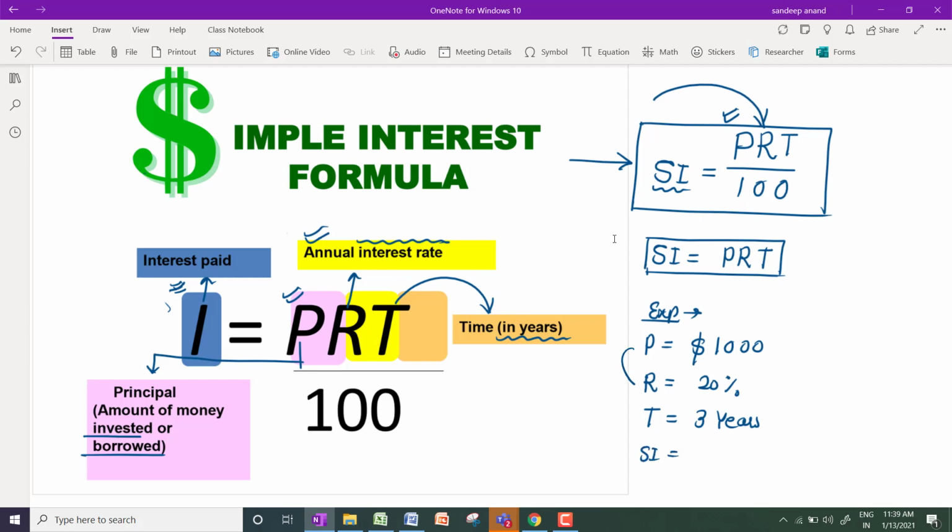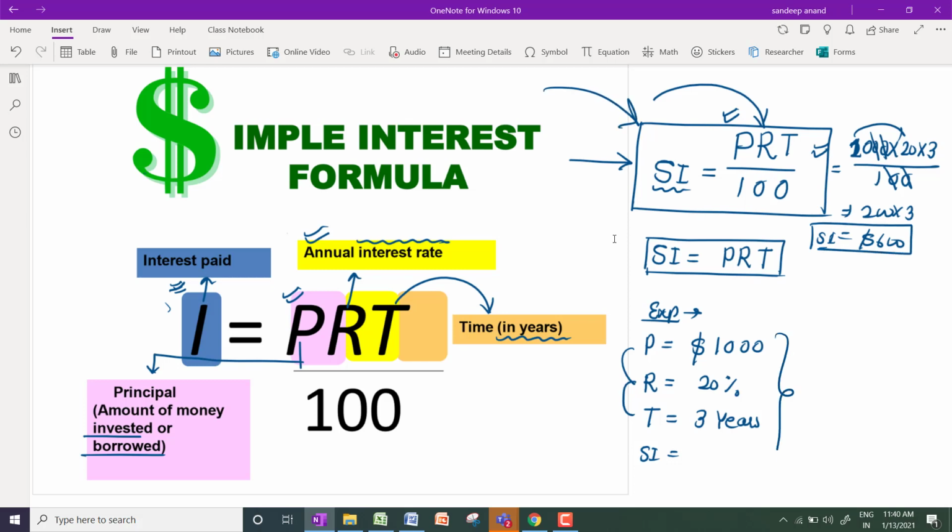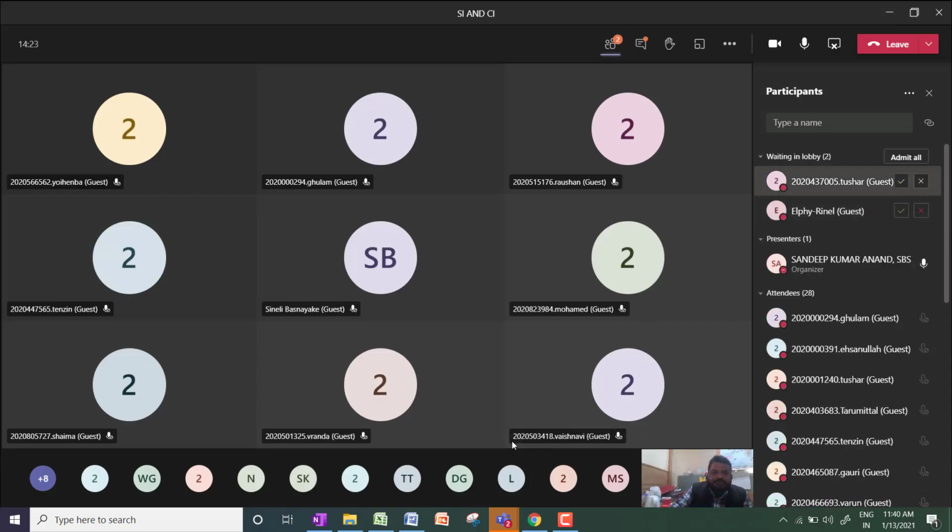When you use this formula, you put P as 1000, R as 20 as it is, and T as 3, divided by 100. Now the 100 cancels, 200 multiplied by 3 comes to $600. So the simple interest that you earn is $600, and you need not change your rate of interest. This is very easy to calculate.